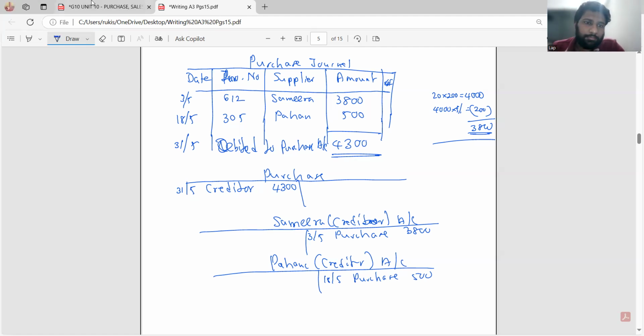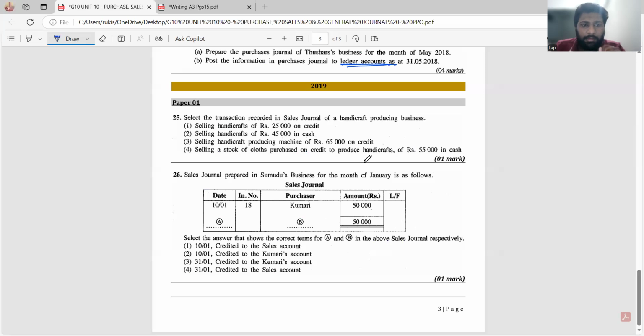Okay, let's do it. Select the transaction recorded in the sales journal. In the sales journal, what are we writing? Credit sales. The main item. Stock. Inventory. Goods. So the main item of the business.